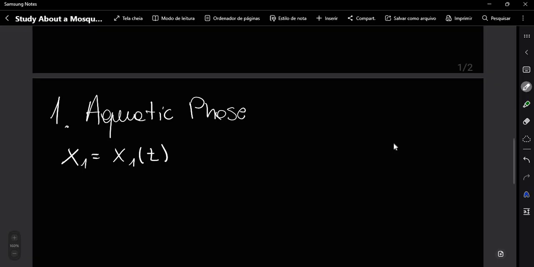This is pretty much the eggs, the larvae, and the pupae.